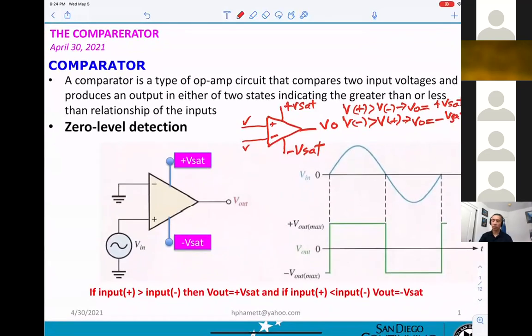In here, we are already telling you: if input positive is higher than negative, V out equals plus V saturation. And if input positive is less than input negative, output will equal negative saturation. If you're using 15 volt saturation, the output can go to 15 or minus 15, depending on which input is higher.